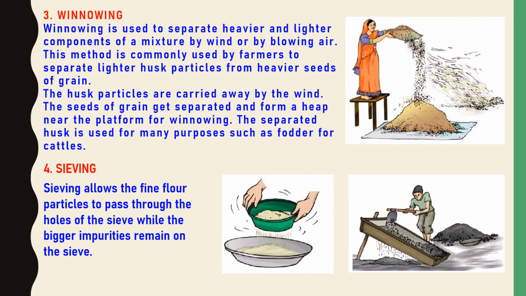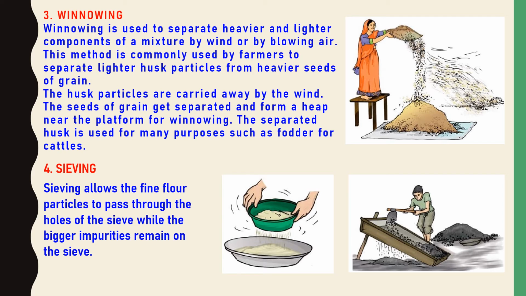Moving further towards the next separation method, that is winnowing. Winnowing is used to separate heavier and lighter components of a mixture by wind or by blowing air. You can see over here the woman doing that. This method is commonly used by farmers to separate lighter husk particles from heavier seeds of grain.